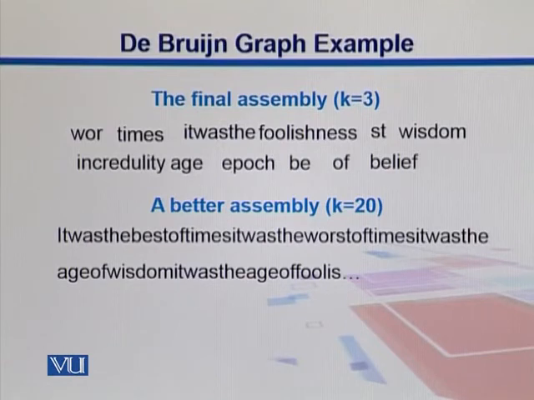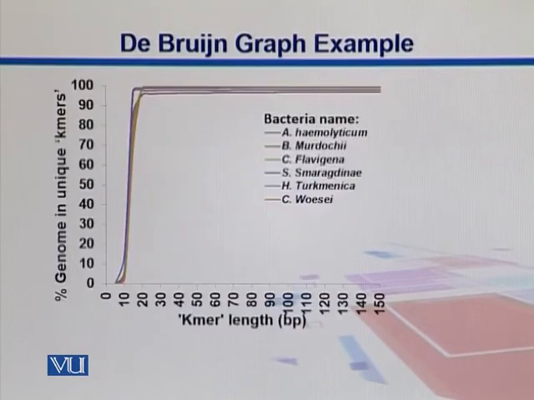But is longer k size a solution? Yes, no? What do you think? Let's look here. We have some different bacteria. They tried different Kmers, and the percentage of genome they got in unique Kmers is something like this. When they increase from 0 up to 20, they can capture most of the genome while increasing the Kmers.